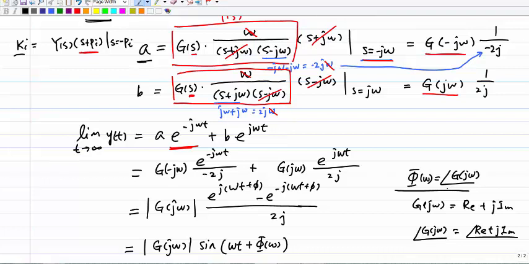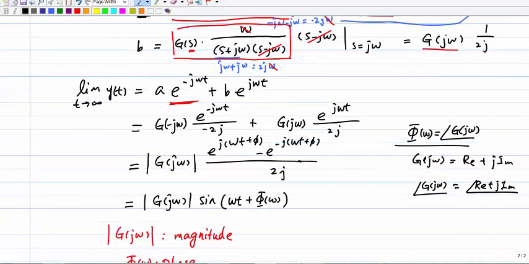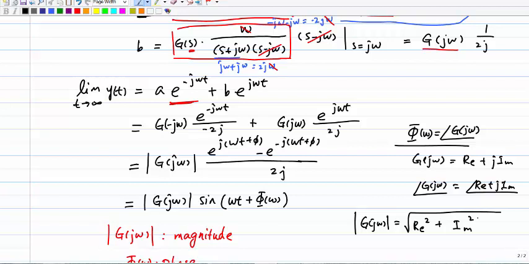Once I have an angle of this one, you can write them together. The magnitude of G(jw) is defined as the square root of the real part squared plus imaginary part squared. So that's the length.